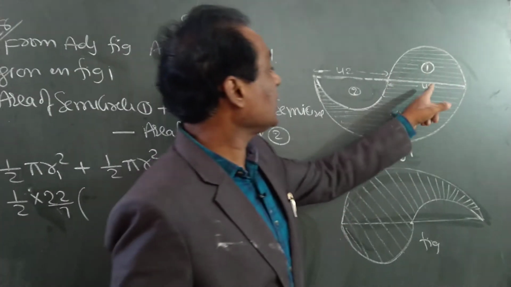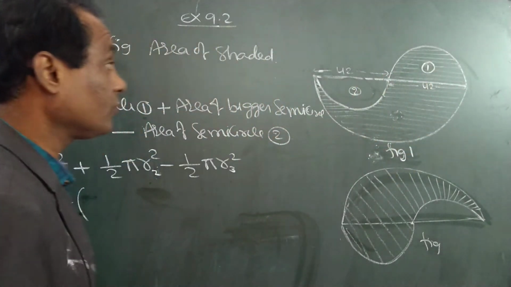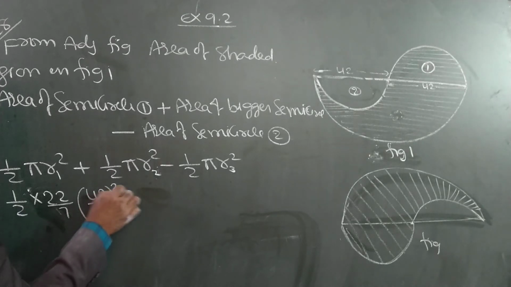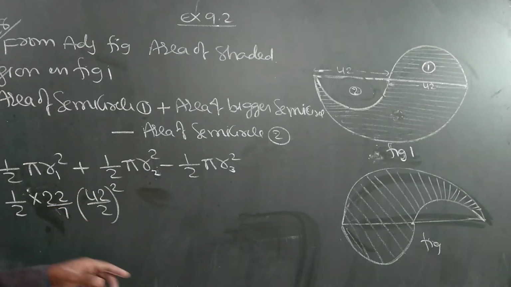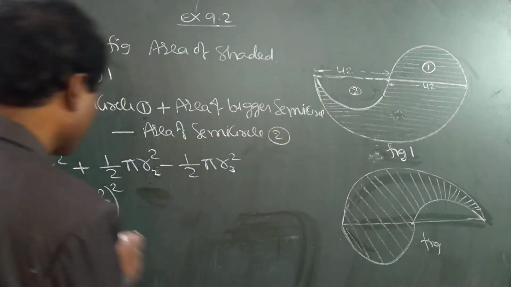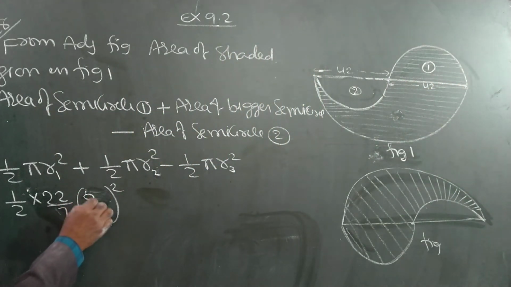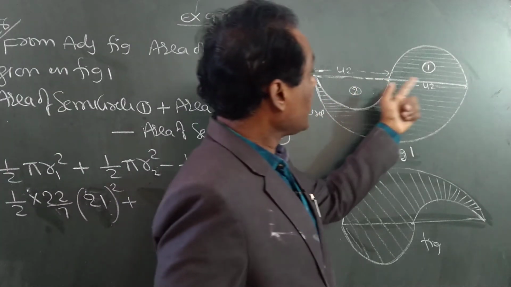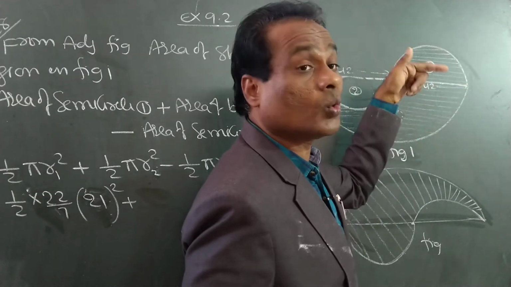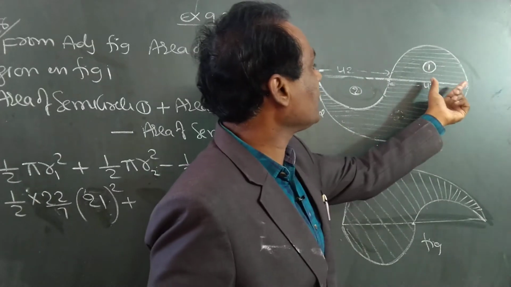So radius is 42 by 2, half of it, 21. Diameter is 42, radius is half, 42 by 2, 21.